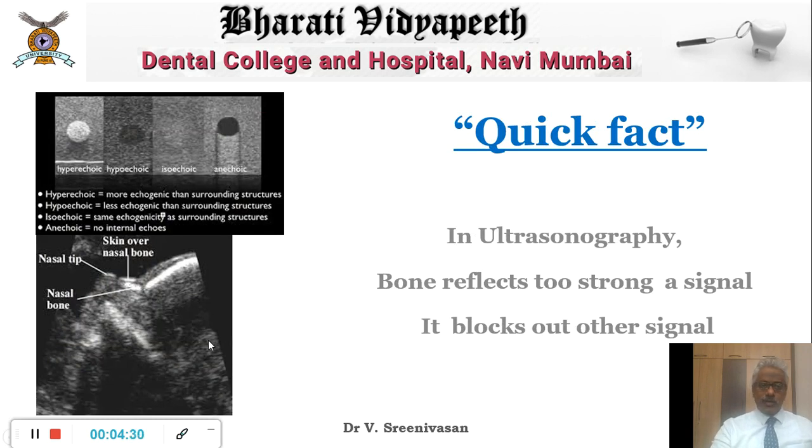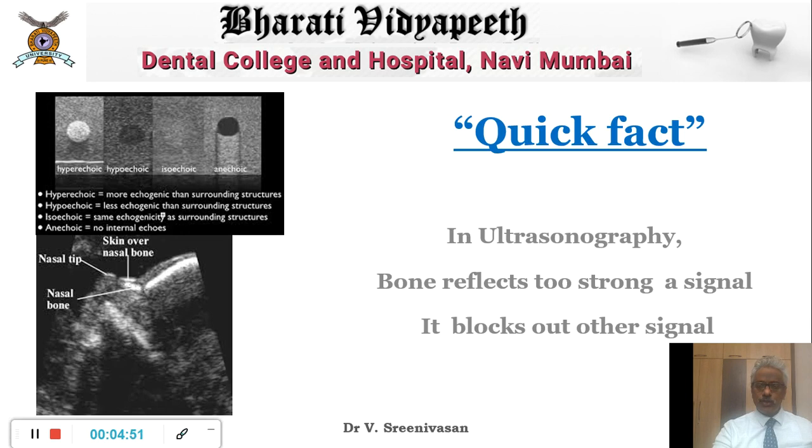Then in ultrasonography, bone cannot be studied. It's essentially an imaging technology which is used to study soft tissue. For instance, if you see over here, this is the bone of the fetus, and the nasal bone sends a very strong signal. In fact, beyond that signal, you can't hear anything, you can't see anything, you can't record any signal.